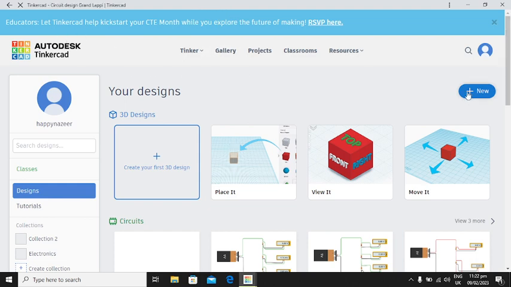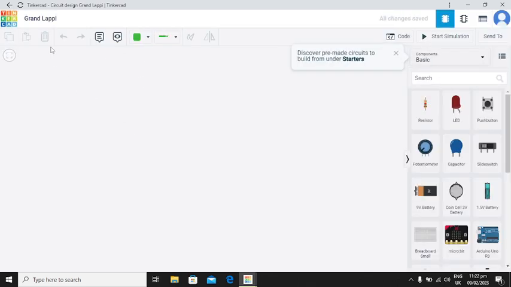So I'm going to create a new circuit for my voltage divider rule lecture, and you would see the easy steps of simulation of this circuit.